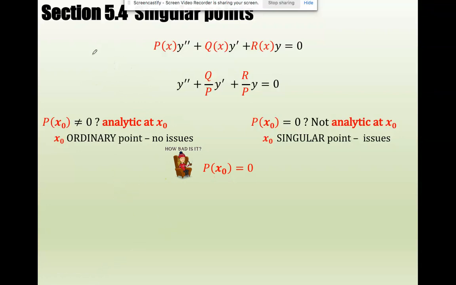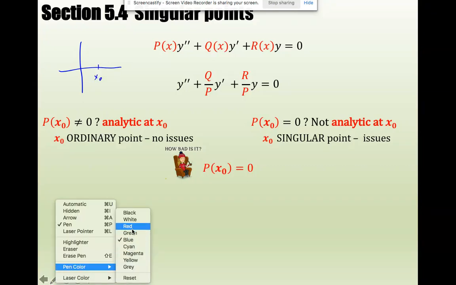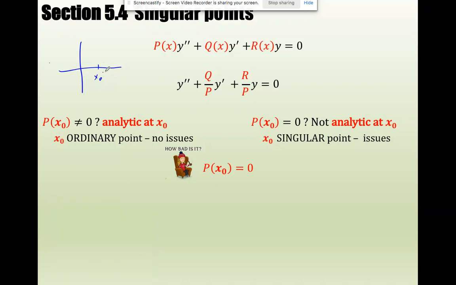So let's talk about what issues we could mean. If everything is swell, not only at x sub 0 but at any point around x sub 0, the behavior of my solution around x sub 0 behaves a lot like p of x.